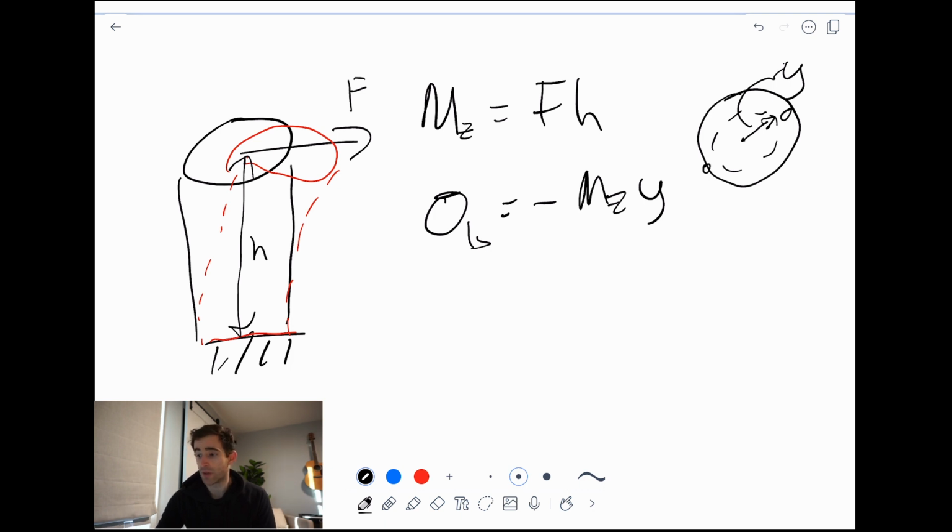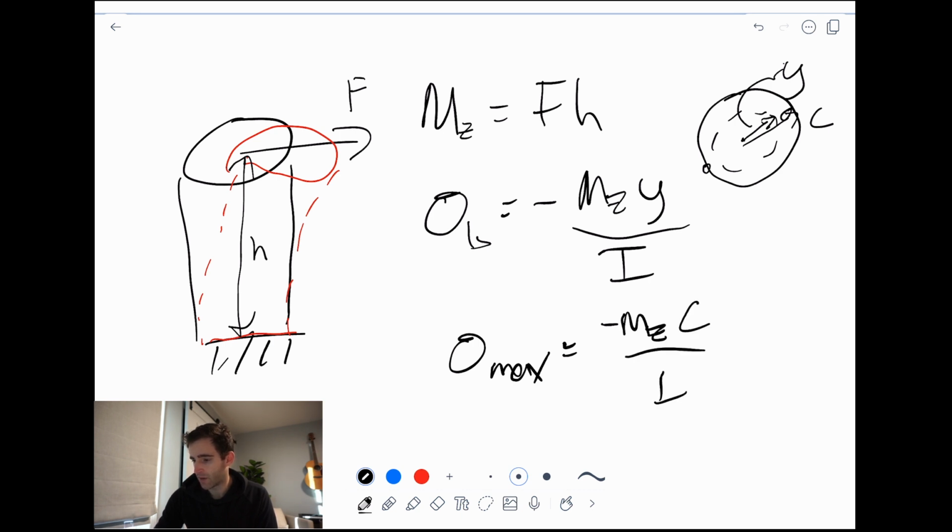In that case, we would use C. Anyways, moment times y divided by the moment of inertia I. The moment of inertia is different for each cross-sectional area, and it can be looked up or derived, often in textbooks or the internet. So the max bending stress would be this C over I.